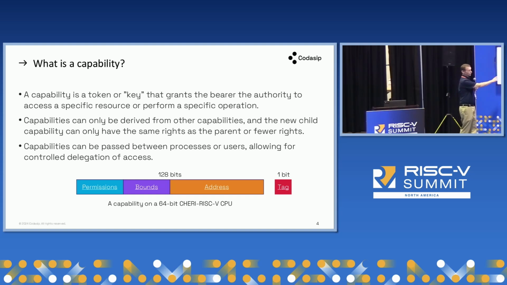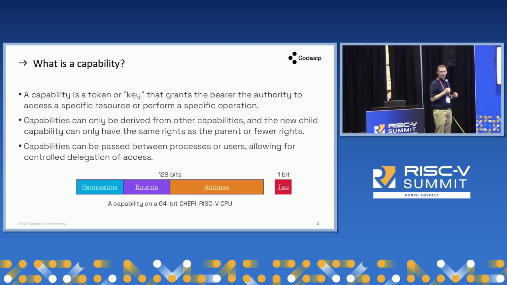So you can see that here. This is the typical format of a 64-bit capability. We have our traditional integer address down at the bottom, and then we have bounds which constrain that to within a region, a buffer, and a set of permissions. As I say, can be read, write, execute, but there are other ones as well. So you can think of a capability as a token that represents memory access, as opposed to just an integer value.